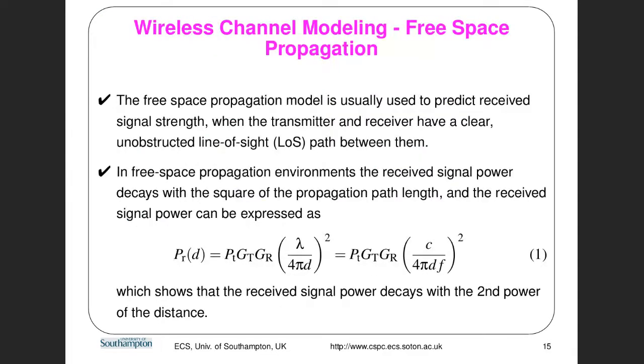The first one is free space path loss, which is associated with a situation when there is only line of sight. So it's more suitable for satellite communications, or it can be used as a reference in general wireless communication scenarios.